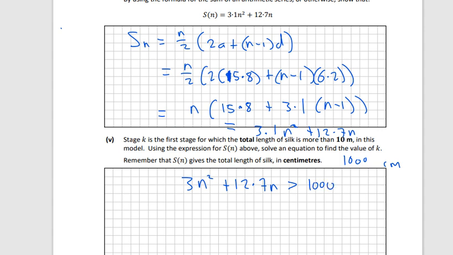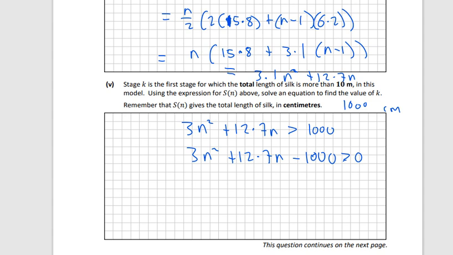The reason is that this is the total amount of silk, and they want the first one where it's greater than 1000. That's how we set it up. And if we bring the 1000 to the other side, it gives us minus 1000 is greater than 0.